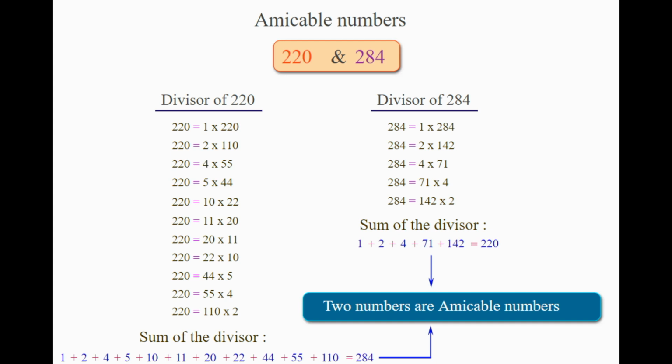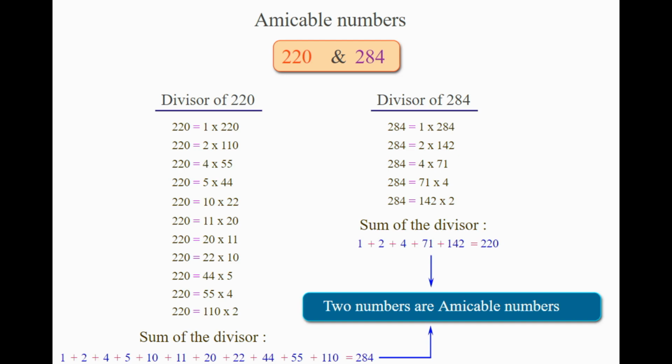For the factors of 284, the sum is 220. So 284 is our number 2, and 220, which came from summing the factors of 284, will be sum_num2. Here we got our 4 variables.